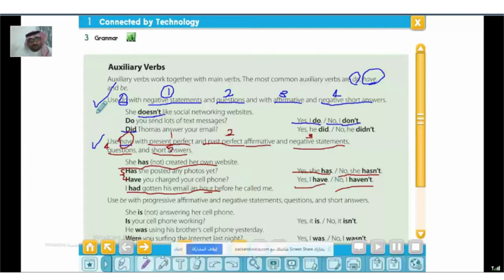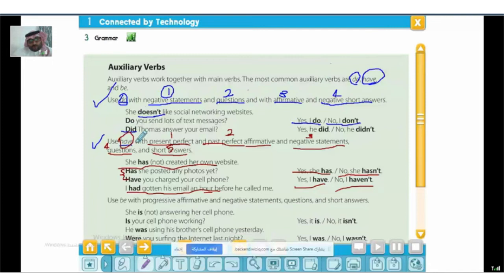Now we have how to use do. We use do with negative statements, number one. Number two, with questions. Number three, with affirmative and number four, negative short answers. And we take examples for these steps.